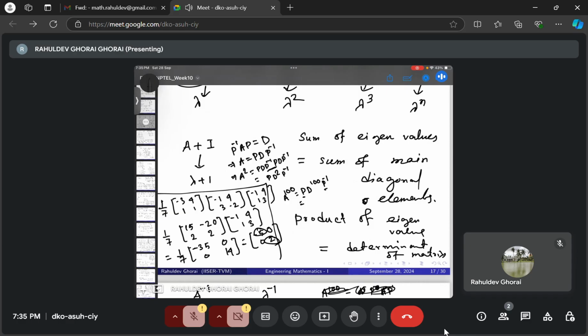Instead of multiplying A 100 times, which would be more difficult, D to the power 100 you can easily find out, and then multiply by P on the left side and P inverse on the right side, and then you are done, right? So if they ask for a power like A to the power 100, you can diagonalize first and do it this way.